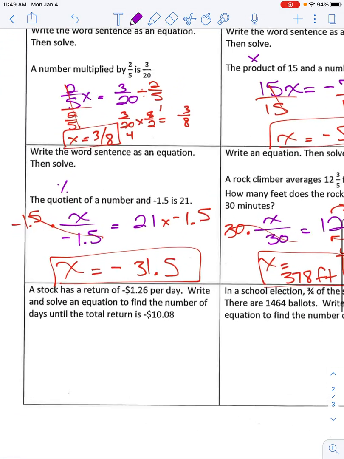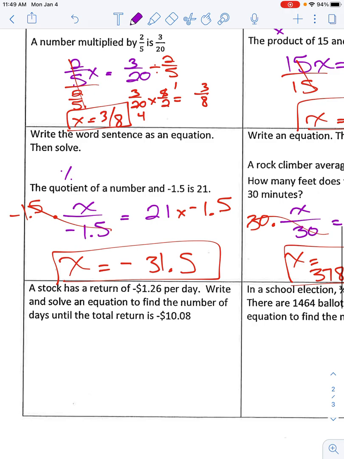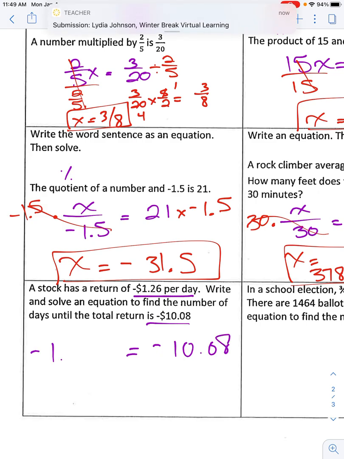And then the last two. A stock has a return of -$1.26 per day. Write and solve an equation to find the number of days until the total is -10.08. So there's my answer, and it's -1.26 per day.